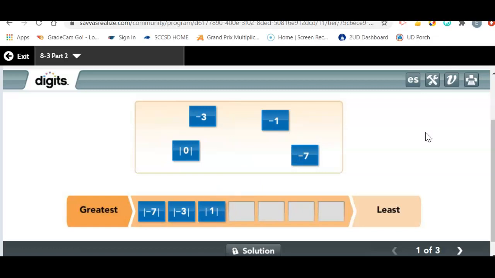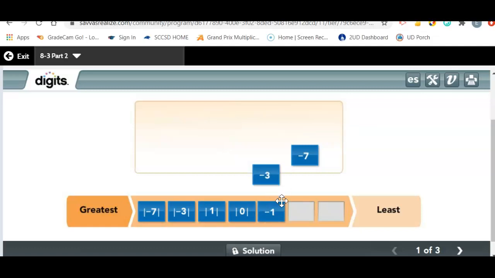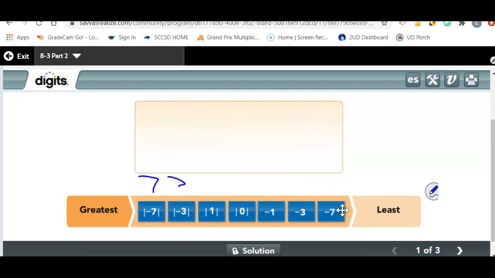Alex: Absolute value of 0. And? Just -1, -3, -7. If you were to solve these, this is 7, 3, 1, 0, -1, -3, -7. Is that in order from greatest to least? Yes, it is.